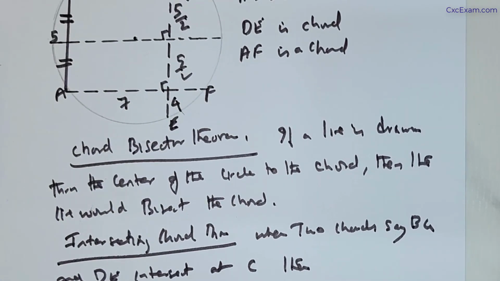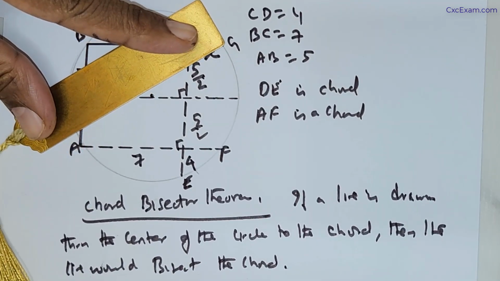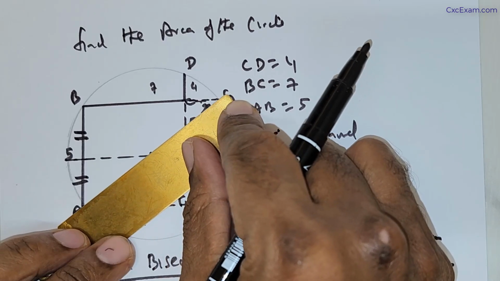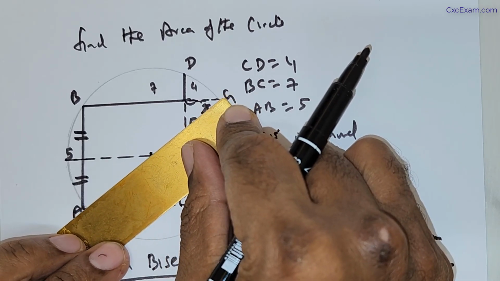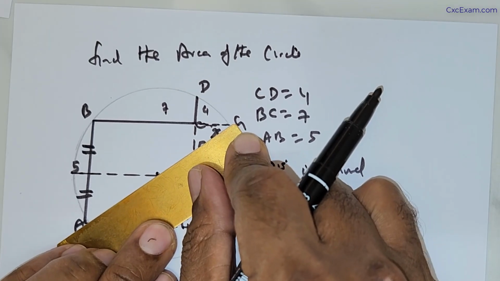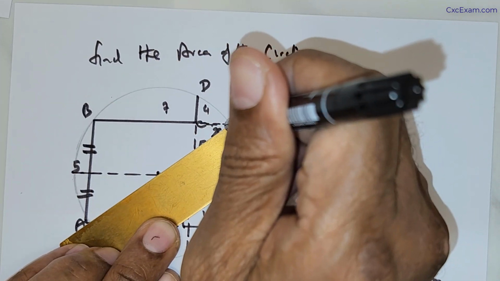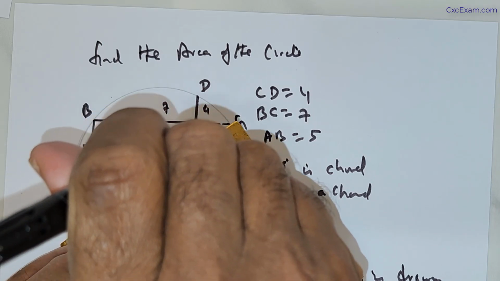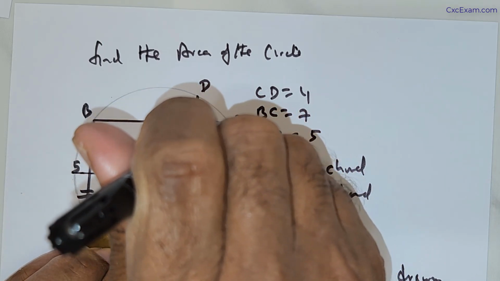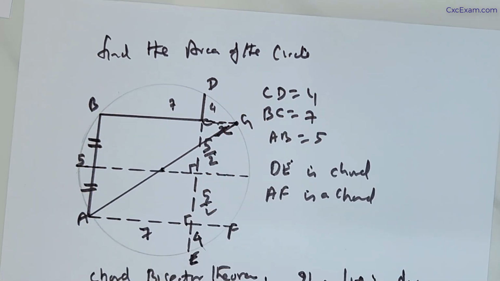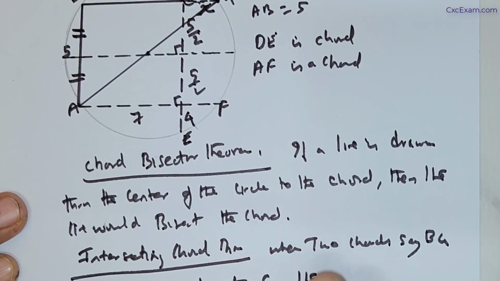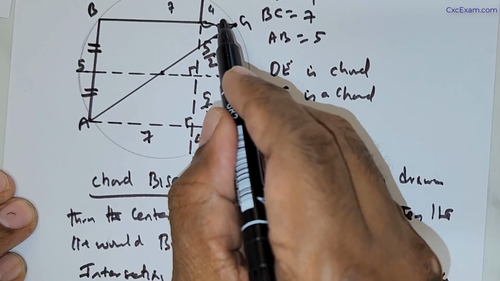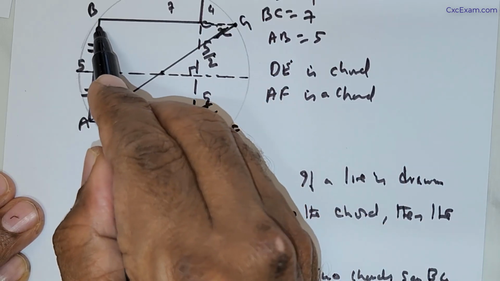Now what I wish to do is connect the centers. Okay, so if I were to draw a line connecting A and G, then I have a right triangle.